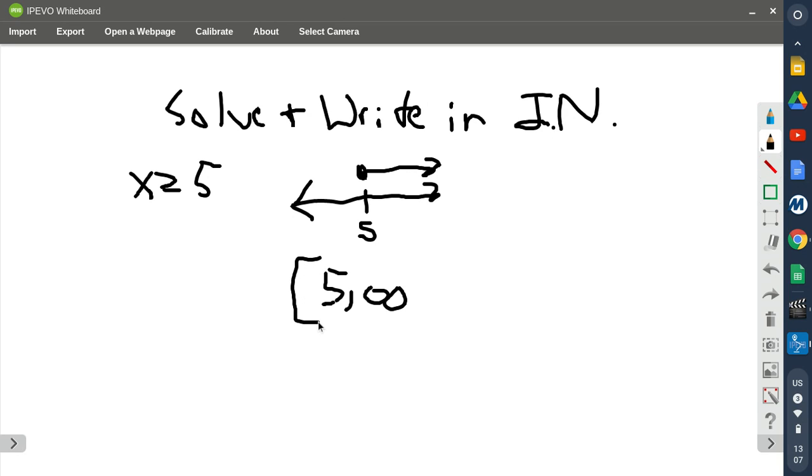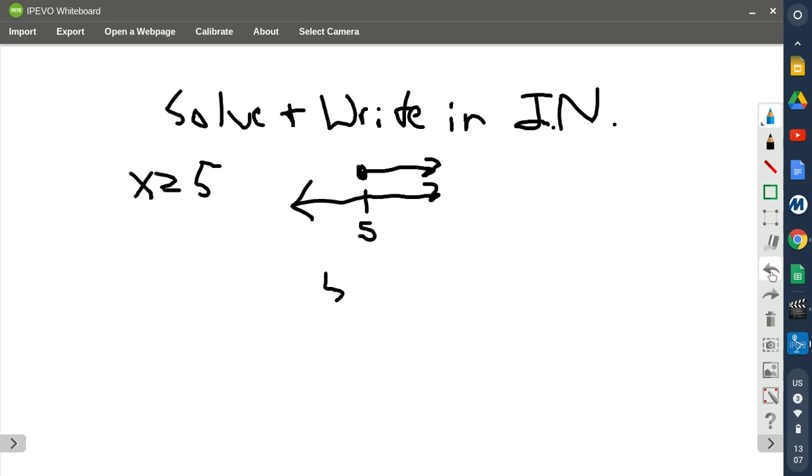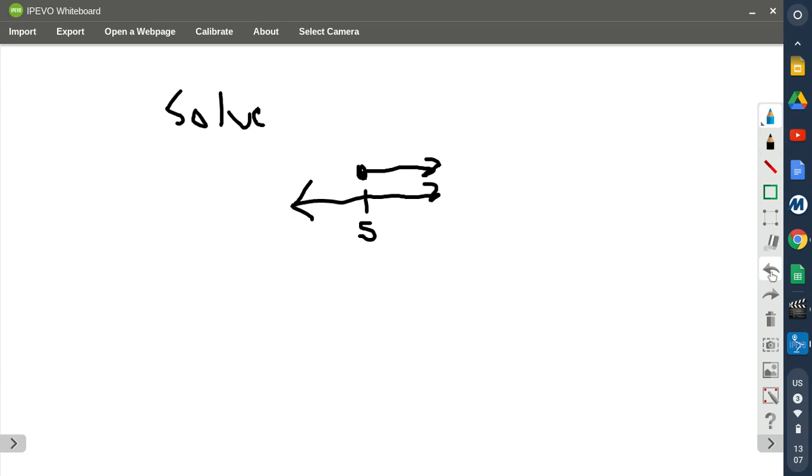So we put a bracket around it. And infinity isn't technically a number, so no matter what, infinity is going to get a parenthesis. So this is the correct answer for this inequality. So that makes sense. So let me get rid of all this. Oh, no, there goes the number. I didn't want to write that again.